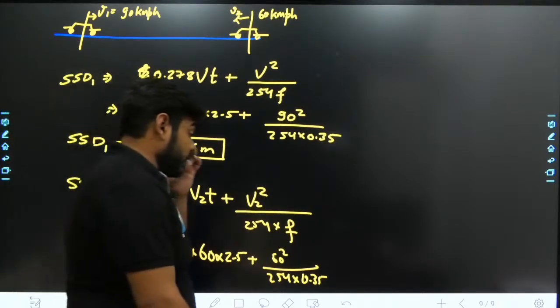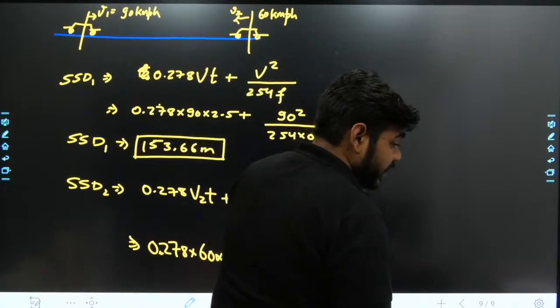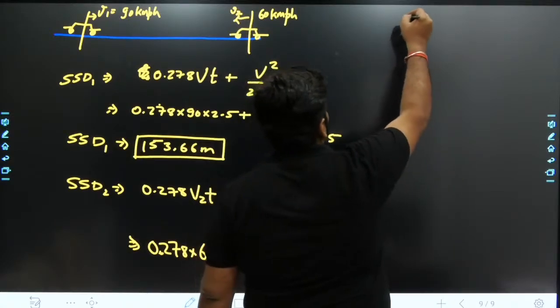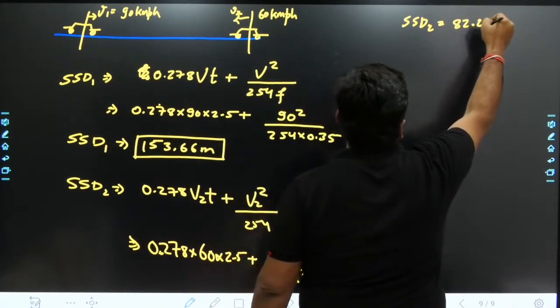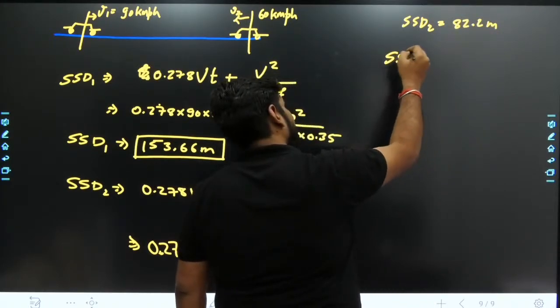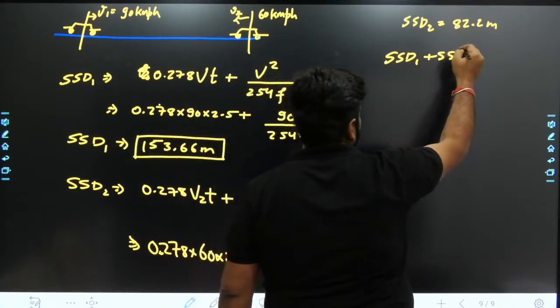The value of SSD2 comes to 82.2 meter. So the final answer is SSD1 plus SSD2.